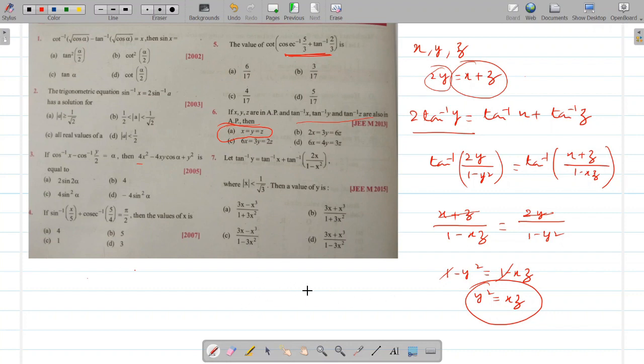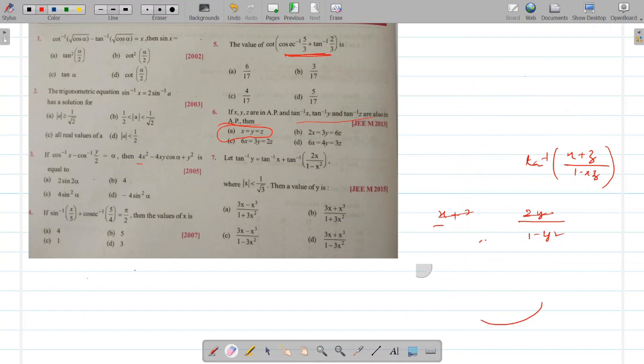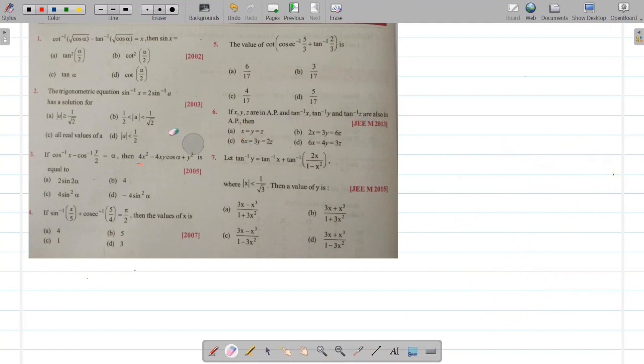And so this last problem, it was asked in 2015. So this is tan inverse of y is equal to tan inverse of x plus tan inverse of 2x upon 1 minus x square.